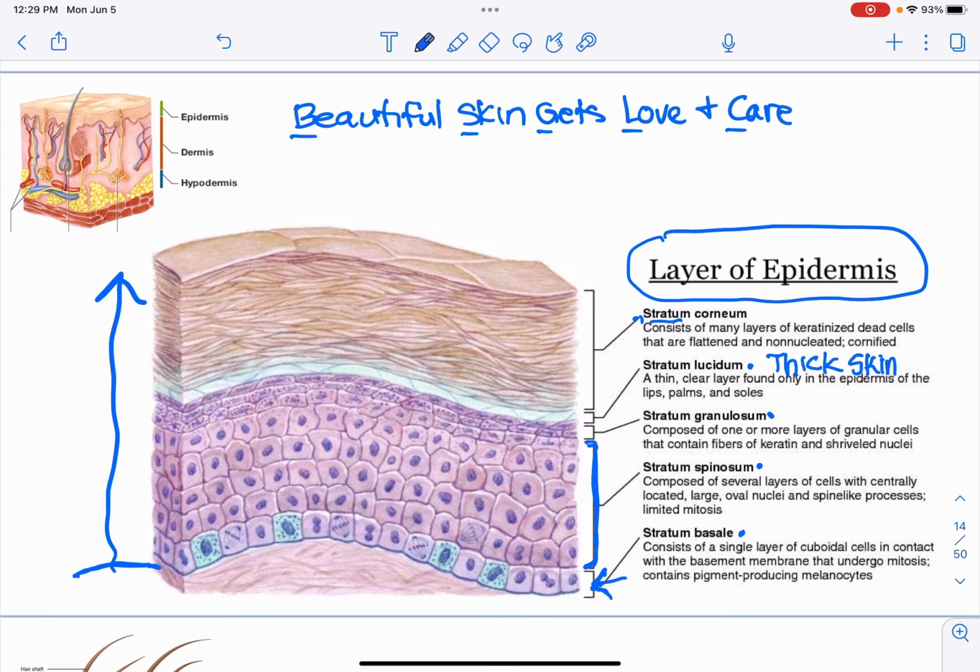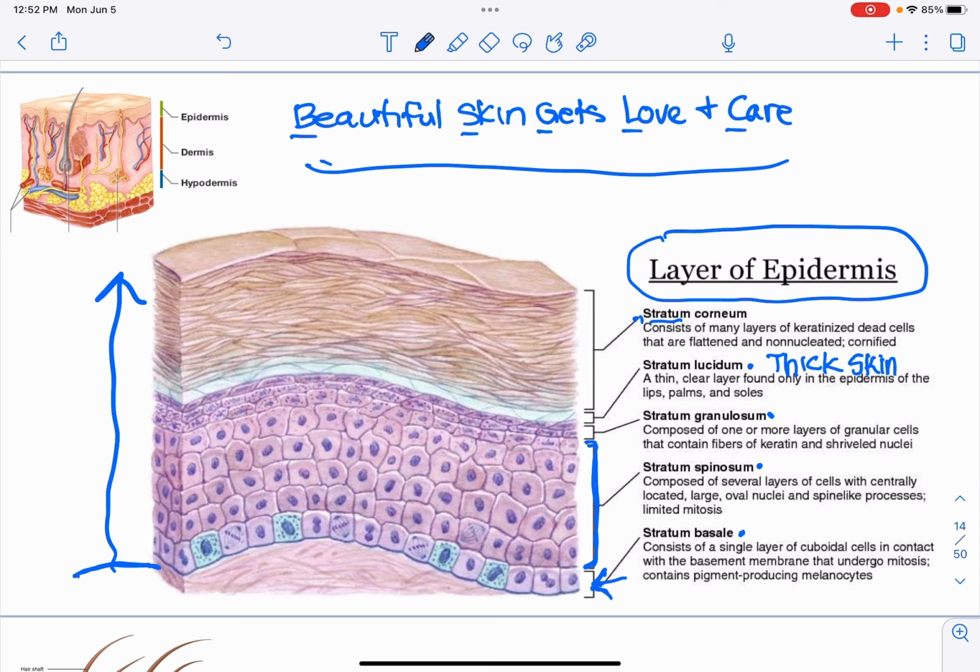The S in skin is for stratum spinosum, G is for the stratum granulosum, L is for stratum lucidum, and the C is for stratum corneum. This mnemonic should help you memorize the different layers and the way that they are organized. The stratum basale is the deepest, and the stratum corneum is the most superficial.